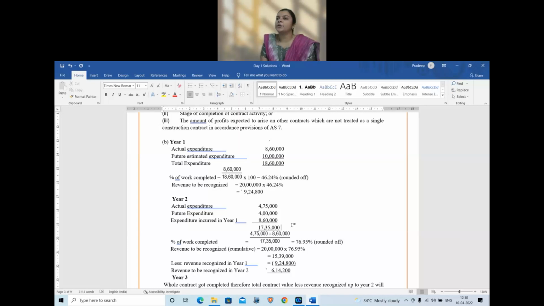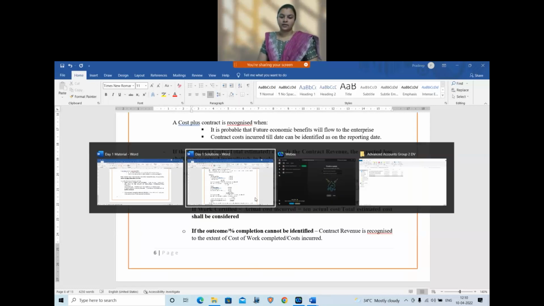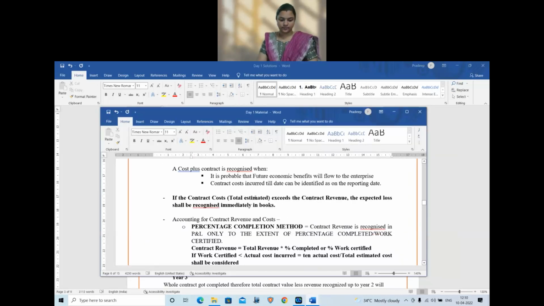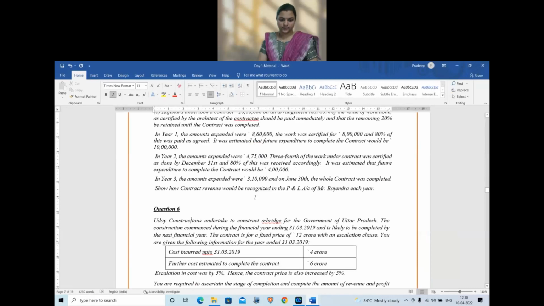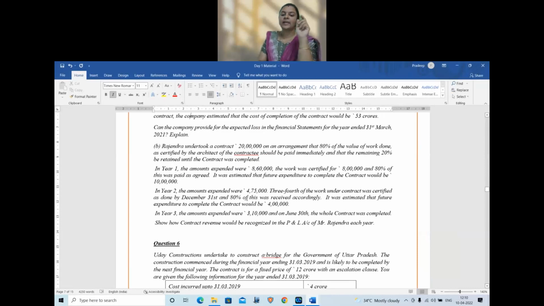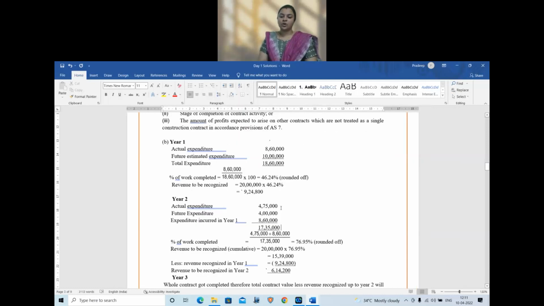Shall we go to year 2? Now year 2, listen very carefully. Actual expense in year 2 was 4,75,000. Year 1 we have already spent 8,60,000. Actual expenditure in year 1 8,60,000, actual expenditure in year 2 4,75,000.